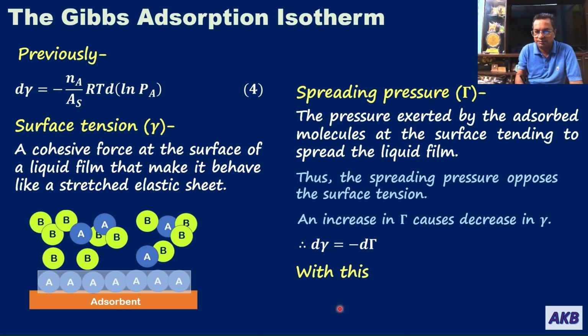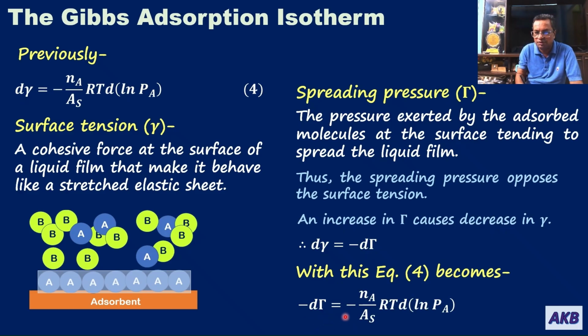Now let us move ahead. With this equation, when you use this in equation 4, we are going to replace d small gamma with minus d capital gamma. So it will be minus d capital gamma is equal to minus Na upon As into R into T into d ln of Pa.